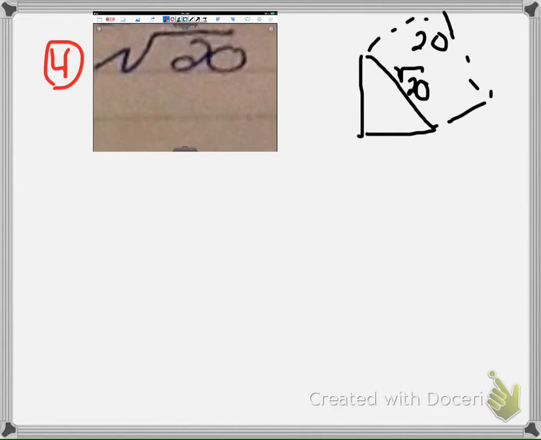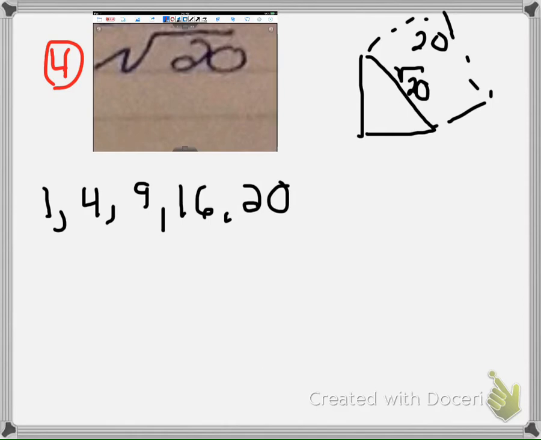So I'm trying to figure out what perfect squares could add up to 20. Well, let's look at perfect squares. 1, 4, 9, 16, 20, and I don't need to go further than that because otherwise it would be too high.